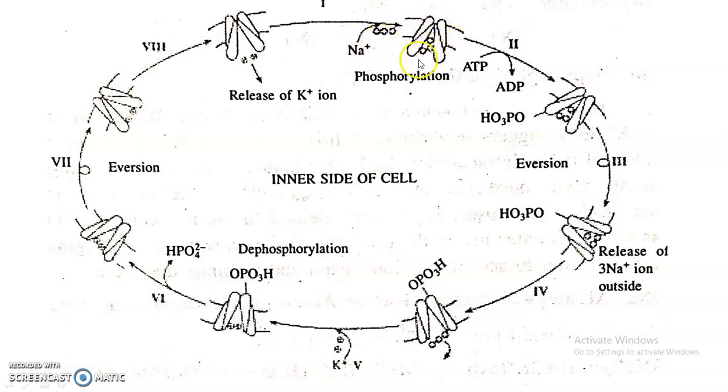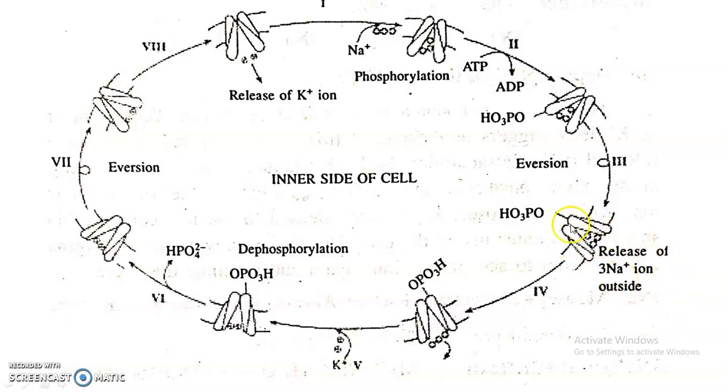Initially 3 sodium ions bind with this, and ATP is converted into ADP, there is a release of energy, and in this way the 3 sodium ions bind with the ATPase. Now there is an eversion, it means this gate will be closed, and this outer gate is now open, and therefore these 3 sodium ions come out of the cell, and are released over here.